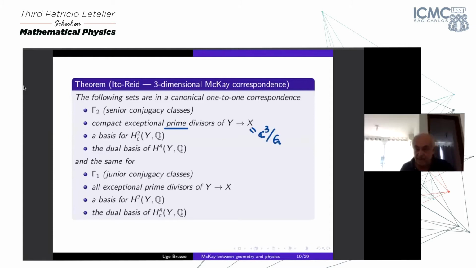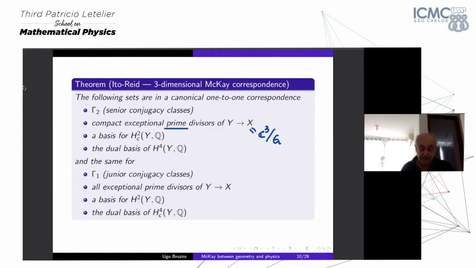And in this way, we get a basis of the second cohomology group with compact supports. Since we have Poincaré duality, this is also a basis of H4, by duality. So senior conjugacy classes correspond to compact irreducible components of the exceptional divisor, and in this way, they provide the basis for the second cohomology with compact supports.